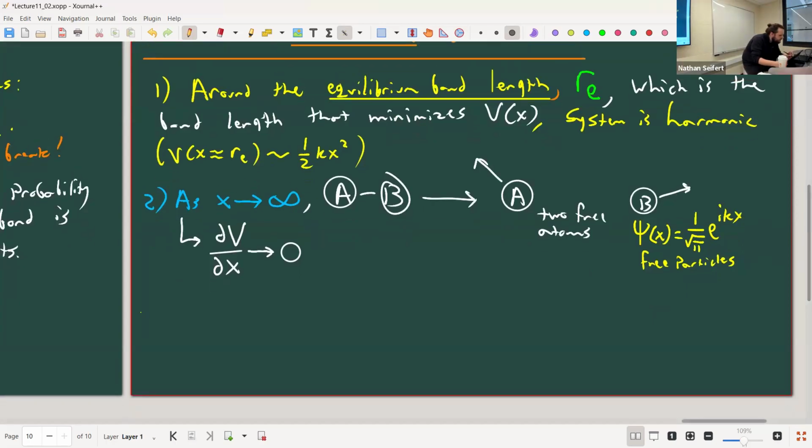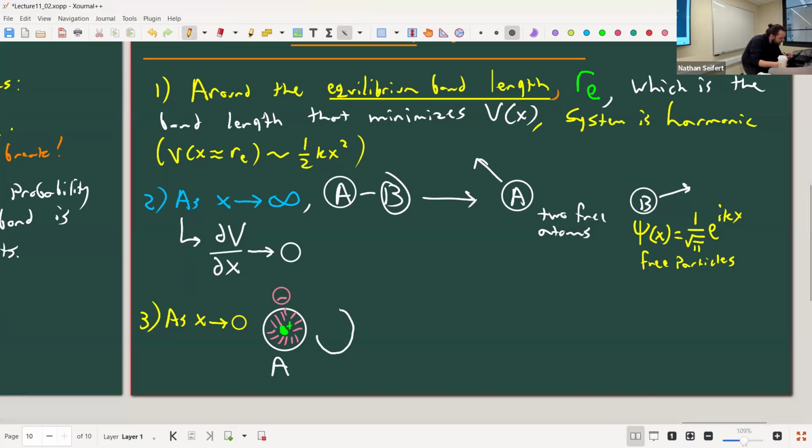Now let's think about as x goes to zero. Well, remember what the two atoms really are when you think about it. Atom A has this positively charged center, and then a negatively charged exterior that's somewhat impenetrable. It's kind of transparent. This is negatively charged. And we have another atom coming in, B, that looks exactly the same.